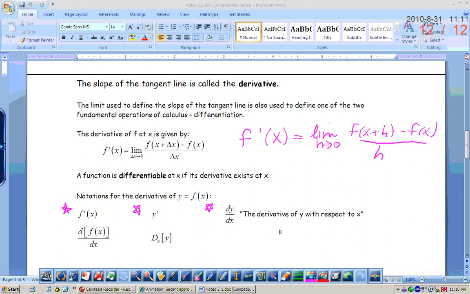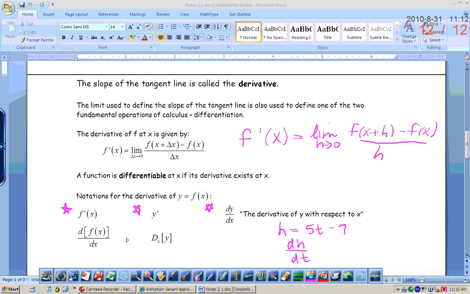Like if you had an equation where h equals 5t minus 7, then another way to write the derivative of h would be dh dt. So the derivative of the dependent variable with respect to the independent variable.